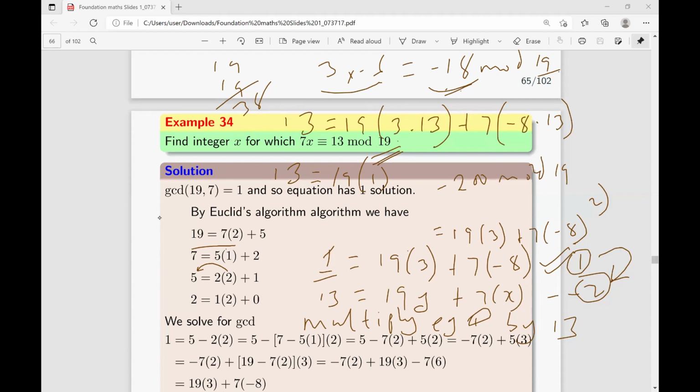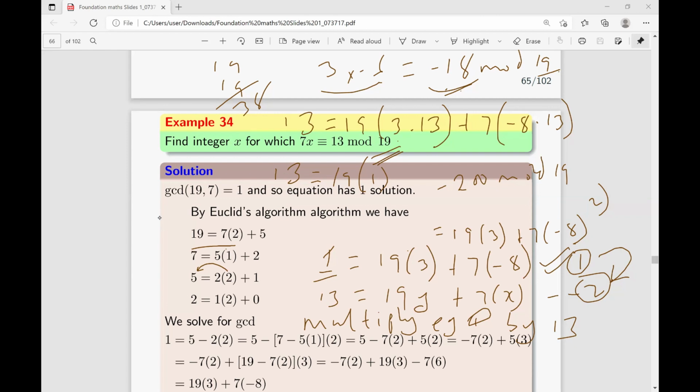Is that okay? Yes. Until I get a smaller positive number. Or alternatively, you are dividing. For instance, if 19 were to go into -18, we go there -1 times, and the remainder will be 1.